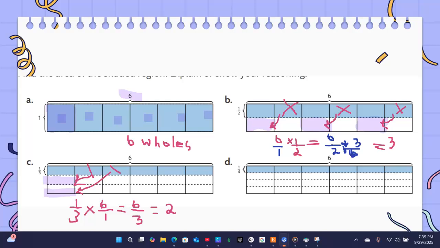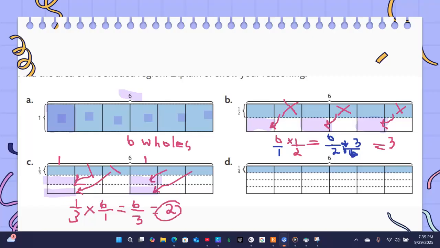Now we have a piece right here. We're going to move this one right here, and we're going to move this one down here. Let's shade. So that would be that. That would be that. And as you can see, here are our two wholes. We have one whole right there and one whole right there. That equals a value of 2.